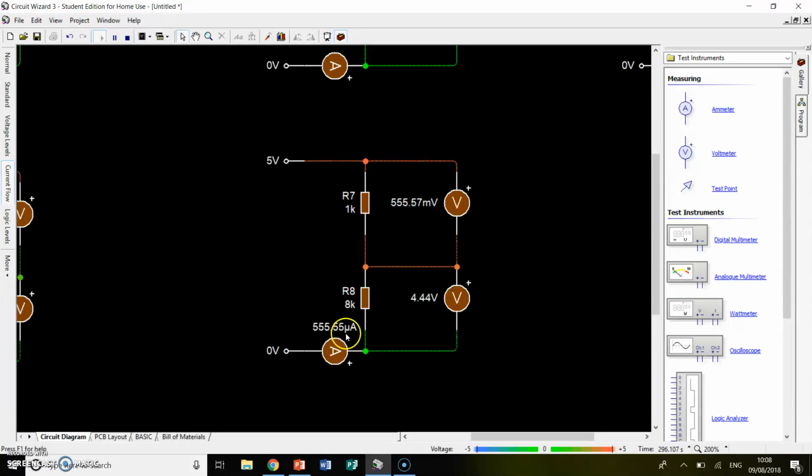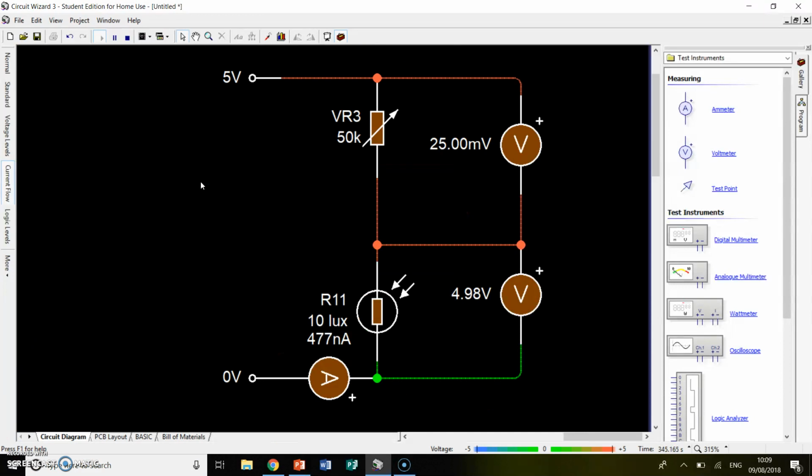This letter here is mu. It means microamps. So this is 555 amps divided by a million. Now working in millivolts up here. And if you want to do the maths, you will find that if you multiply this value here by 8, you will get 4.4.